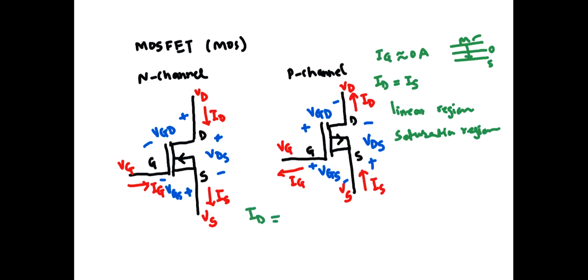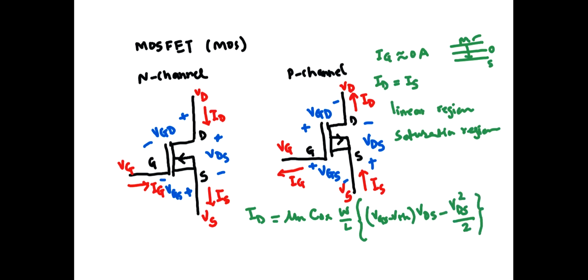It is given by mu n C ox W over L in bracket (VGS minus VTH) into VDS minus VDS square divided by 2. And this is your current expression in the linear region of operation.